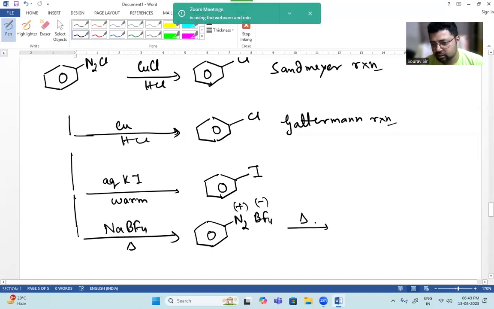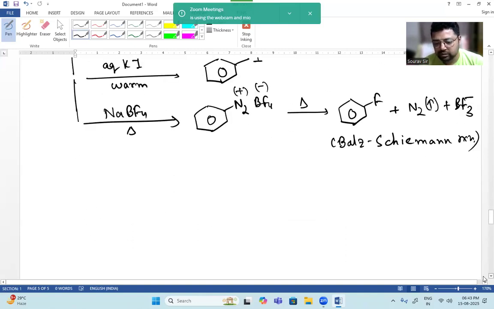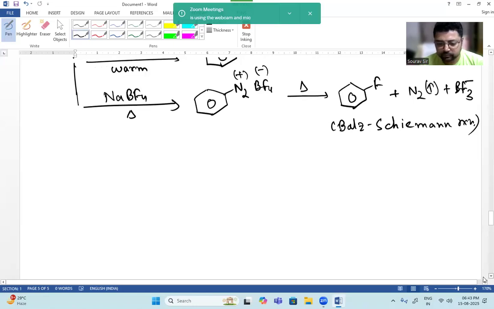Now heat for a prolonged period of time, and we will get fluorobenzene, nitrogen gas will move out, and BF3. This is known as the Balz-Schiemann reaction. This is the preparation of fluorobenzene. Understood?